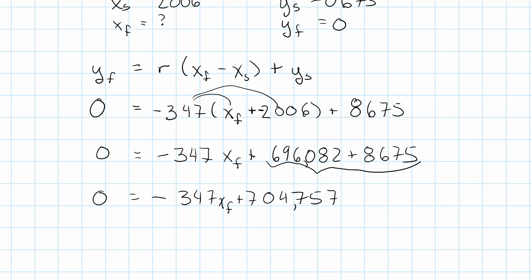Let's see. So what's keeping my variable from being alone? Well, it's being multiplied by something and added to something. I'm going to get rid of the addition first. Negative 704757.